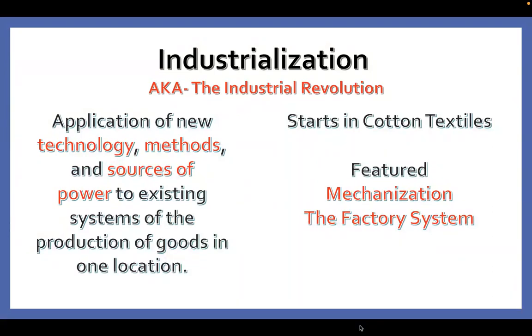So, just to bring everything back together, we're focusing on the idea that we're still producing goods, but now we're doing it in one location using technology and new sources of power.